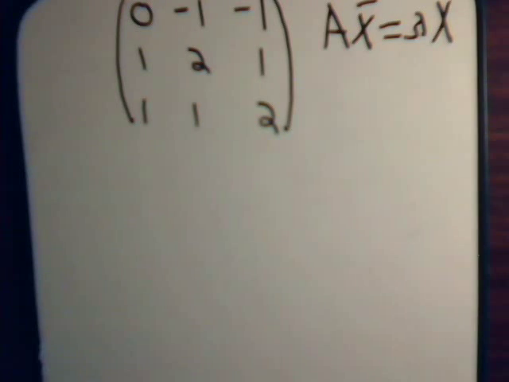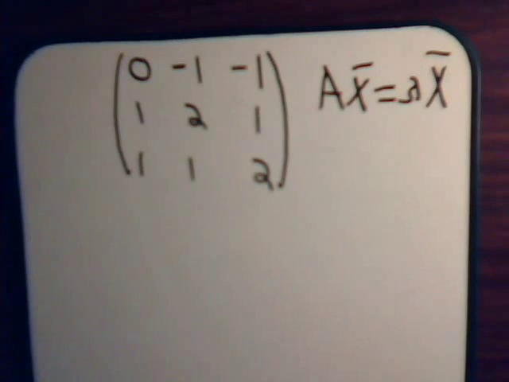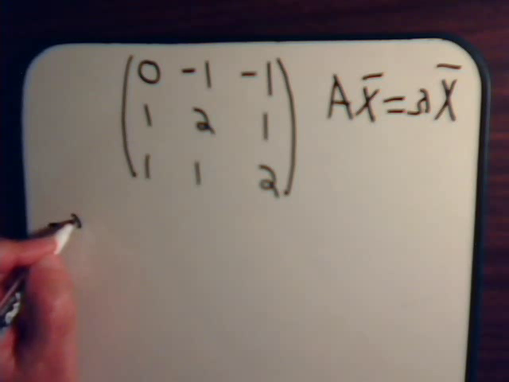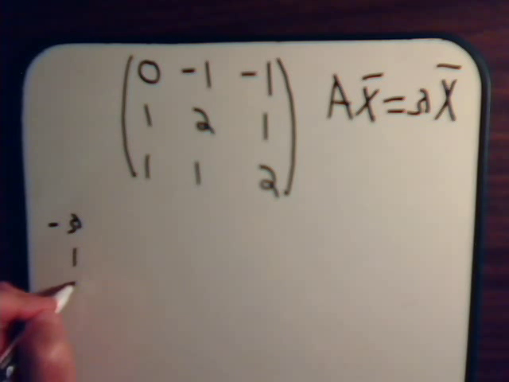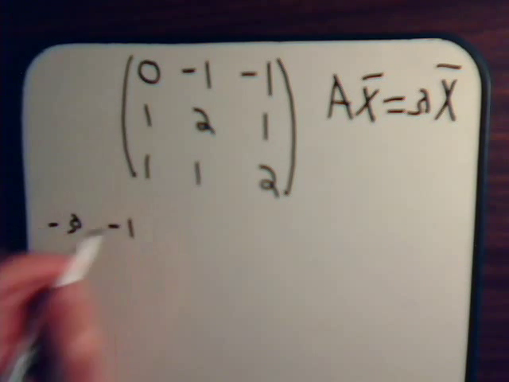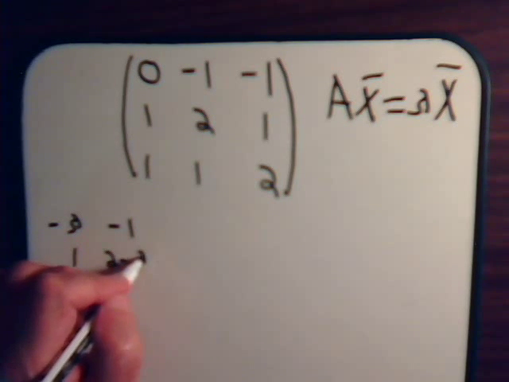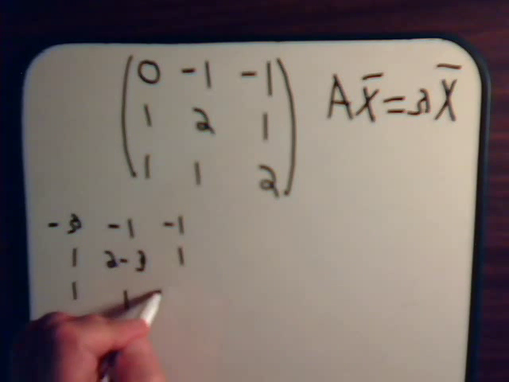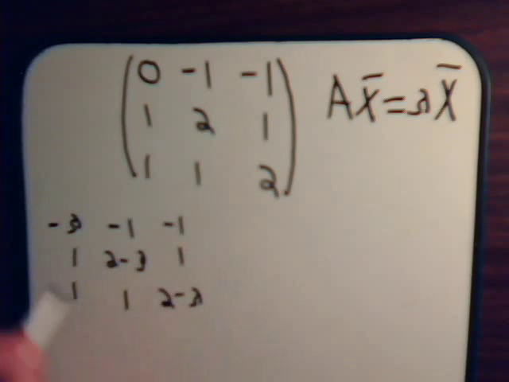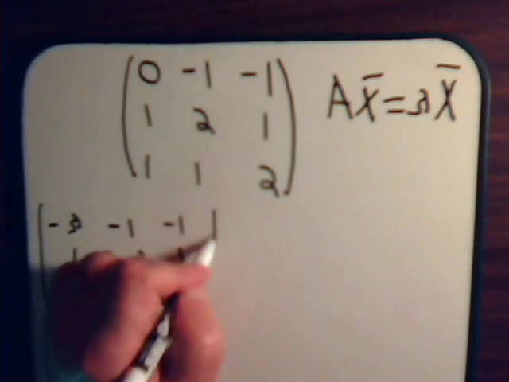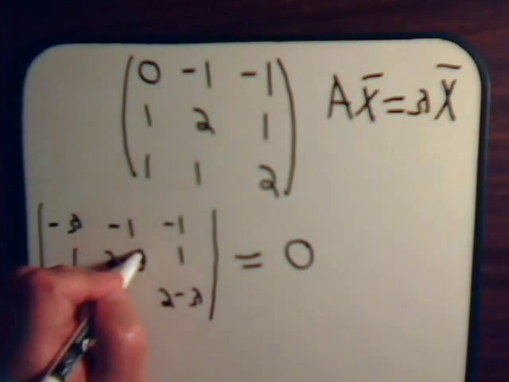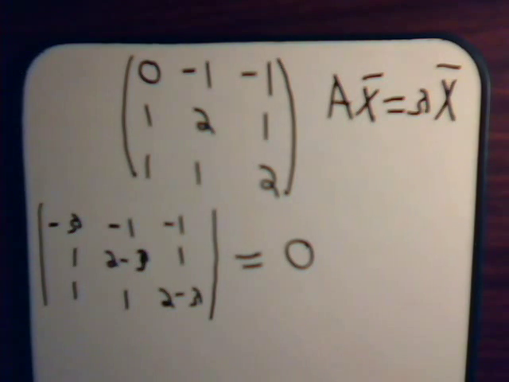So here, to determine the eigenvalues, 0 minus lambda is minus lambda, 1, 1, 2 minus lambda, 1. We have that determinant set equal to 0, and now we want to find out what is lambda.